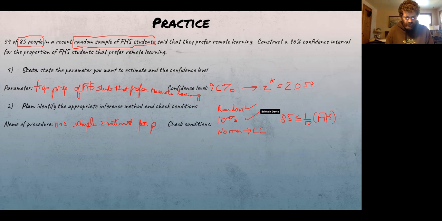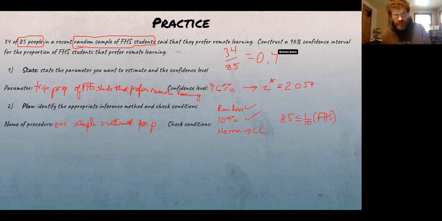And then the large counts. So I can do the 85, and we need to figure out what our P is, it's really P hat, our sample proportion. It's going to be 34 out of 85, which happens to be exactly 0.4. And I'll tell you, when I created these numbers, I just picked random numbers.